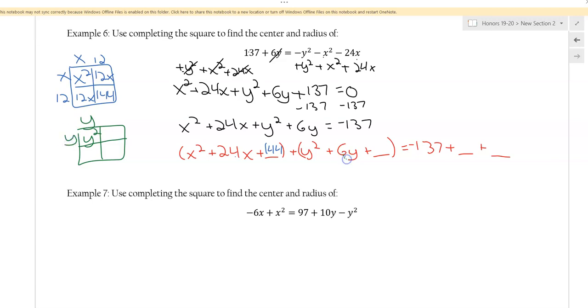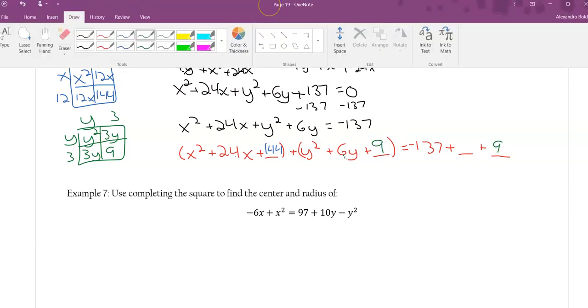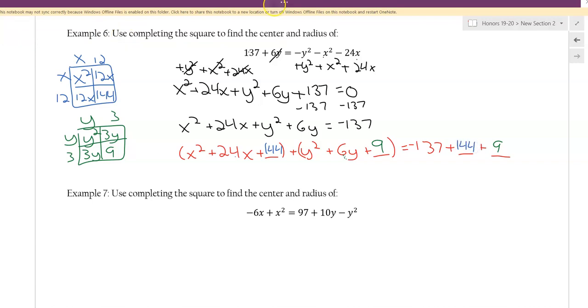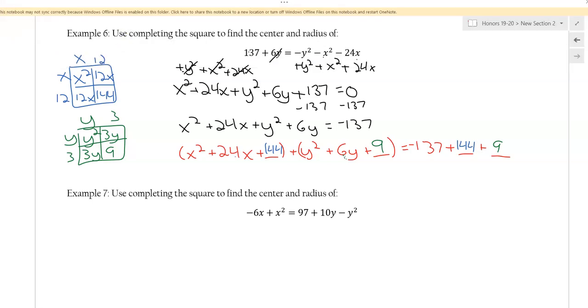Splitting this 6y in 2, I get 3y and 3y. And 3 times 3 is 9. And this is my 144 over here. So then I have x plus 12 over here. And we have y plus 3 over here.